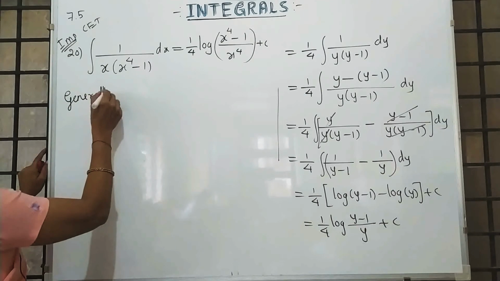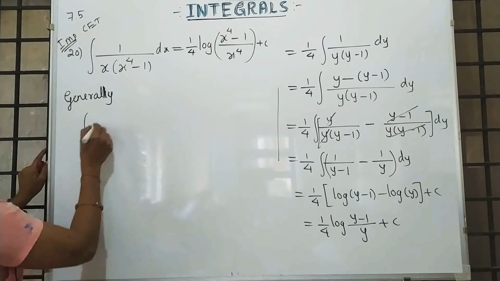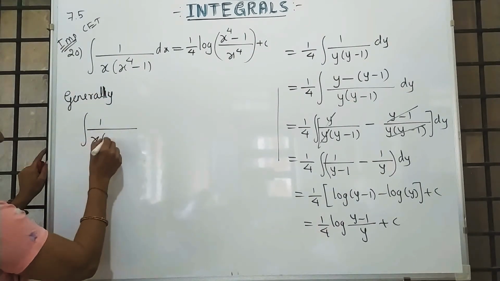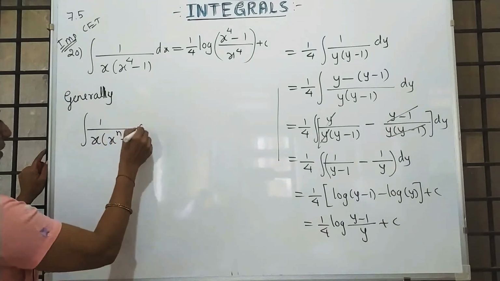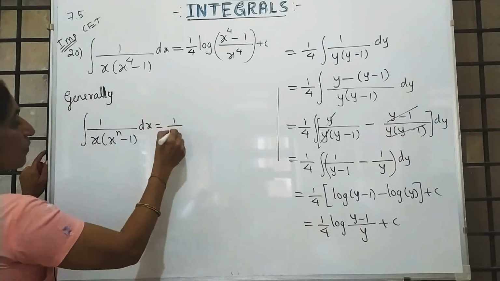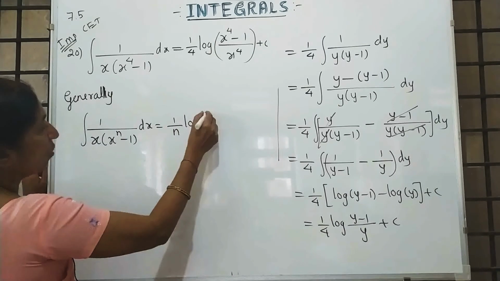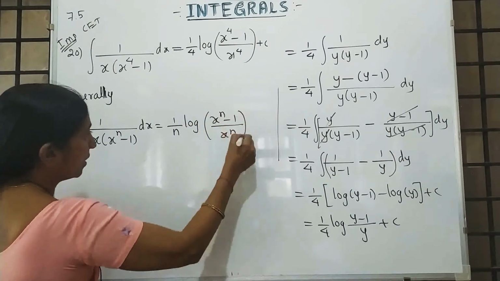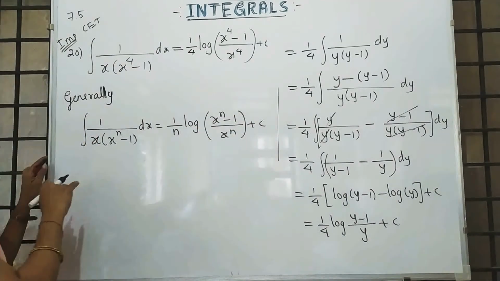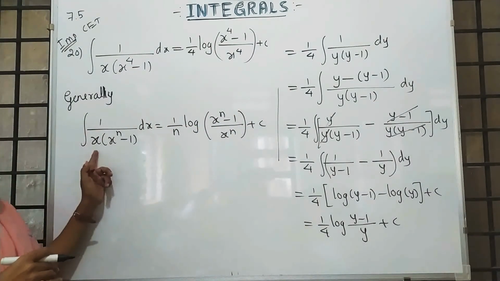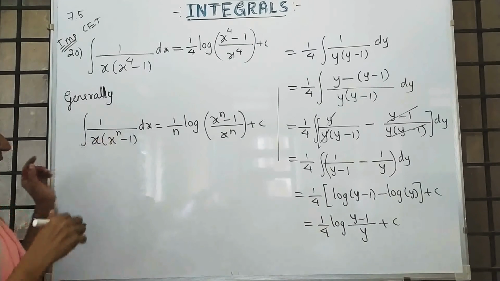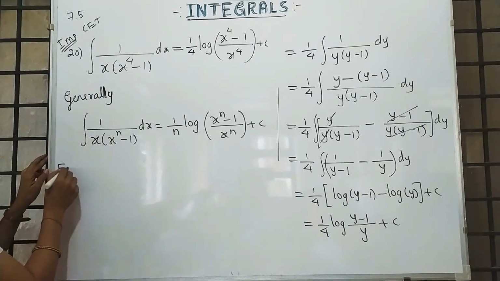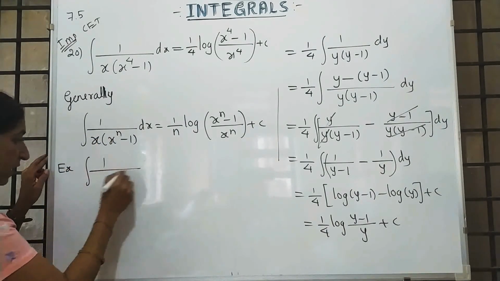Generally, the integral of 1 upon x into x raised to n minus 1 is written as 1 by n log of x raised to n minus 1 upon x raised to n plus 1. In the last class, we solved 1 upon x into x raised to n plus 1. This is minus. So, how are you using this formula in an example?